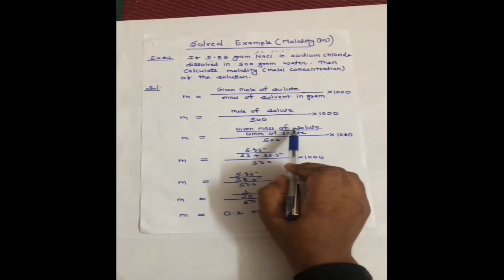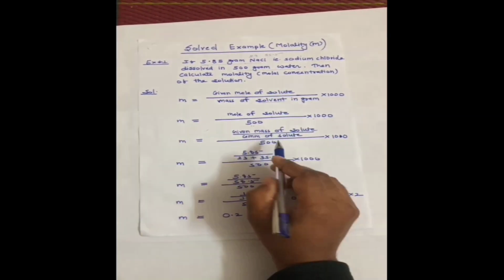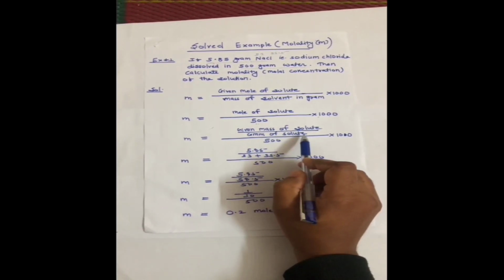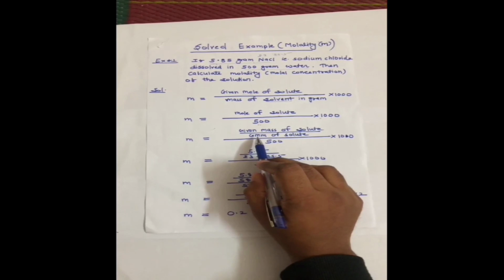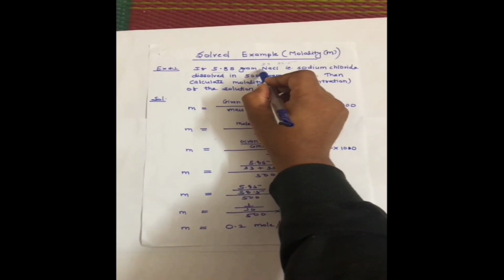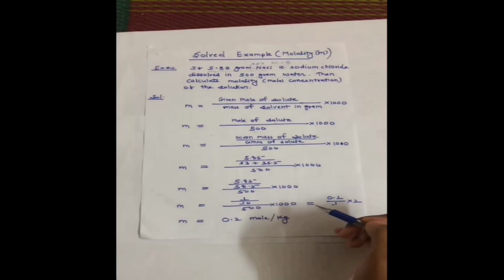So we have given mass of solute, that is 5.85 gram NaCl, and GMM of solute. GMM of solute means we have to sum the gram atomic masses of the solute. For example, for sodium it is 23 and for chlorine it is 35.5.